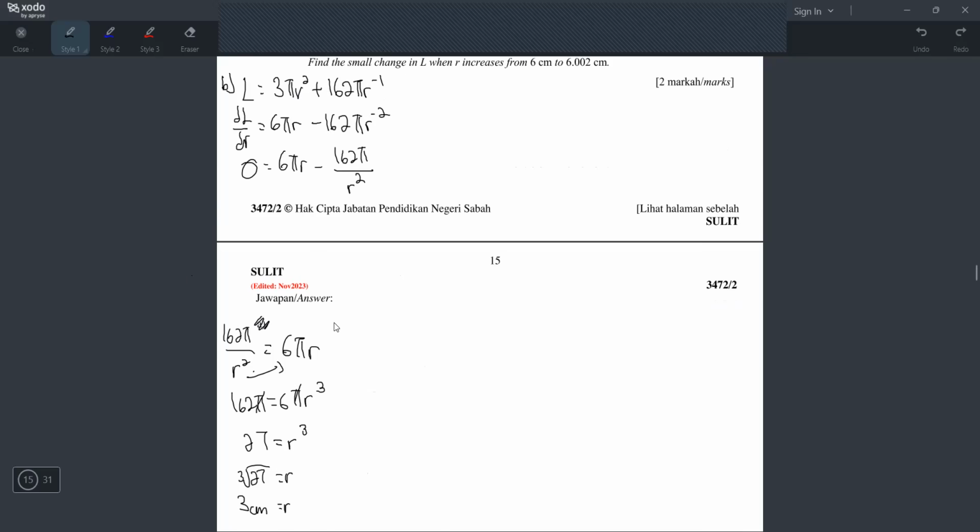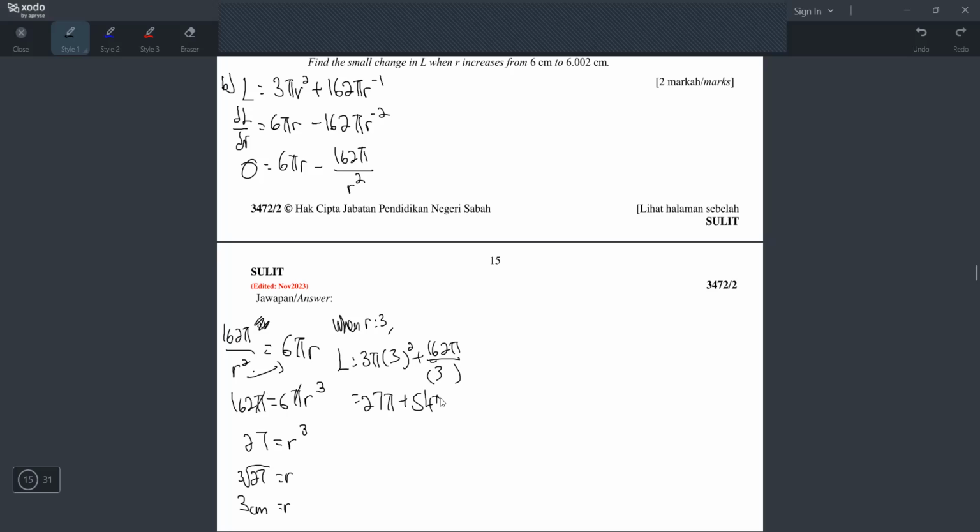So I'll write here, when r equals to 3, L equals to 3 pi r square plus 162 pi r minus 1, which means over r. And then this one is 3, this one is 3. But they mentioned in terms of pi, so don't press the pi. So 3 square is 9, 9 times 3, 27 pi. Don't press the pi. And then 162 divided by 3, what do you get? Let's press. 54. So it's just 54 pi.